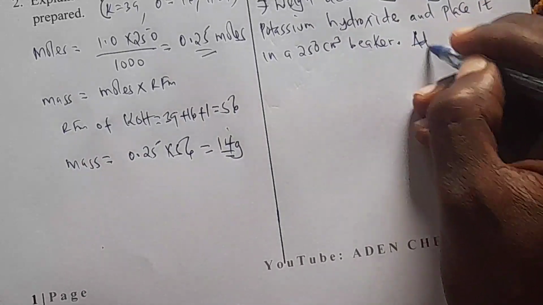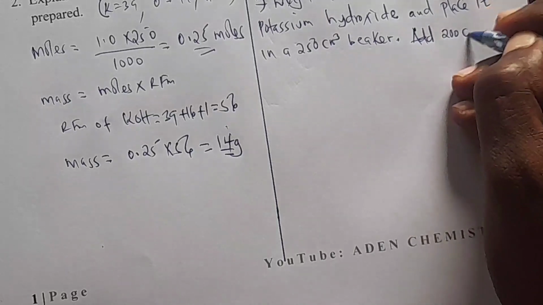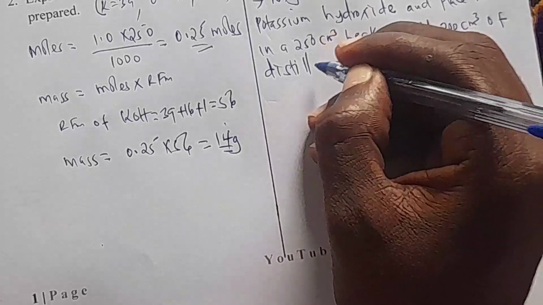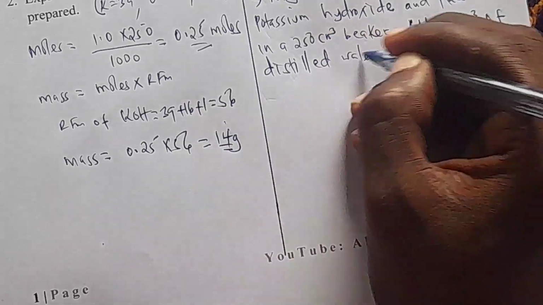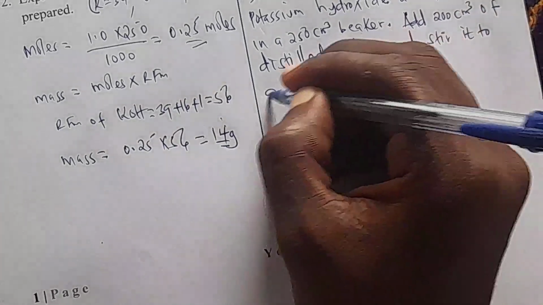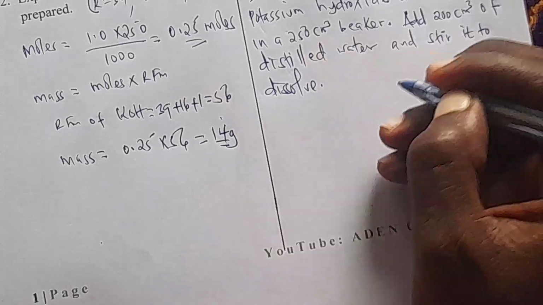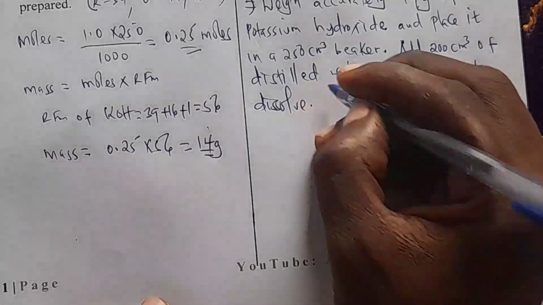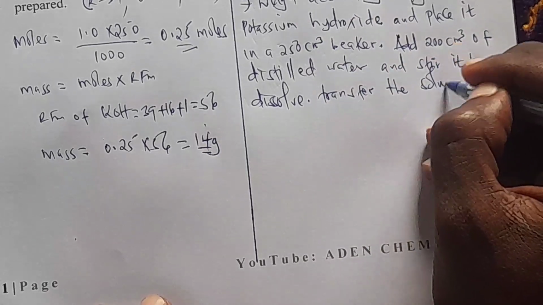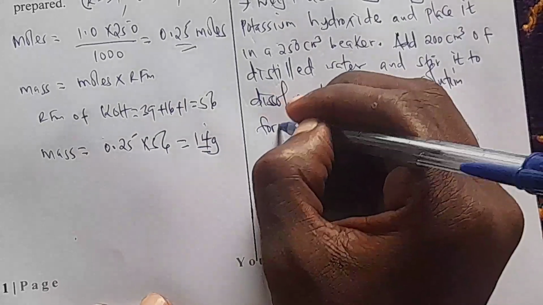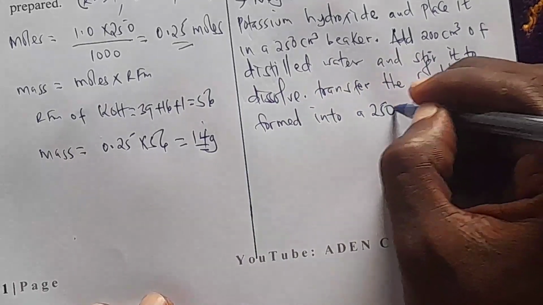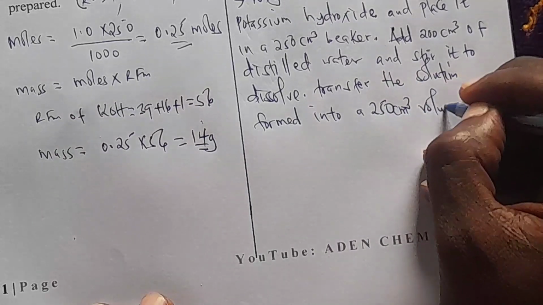Then after that we say add 200 centimeter cube of distilled water, and stir it to dissolve. After that we say transfer the solution formed into a 250 centimeter cube volumetric flask.